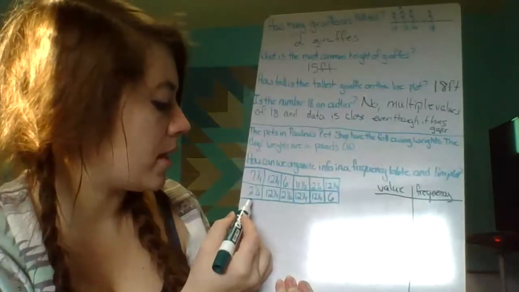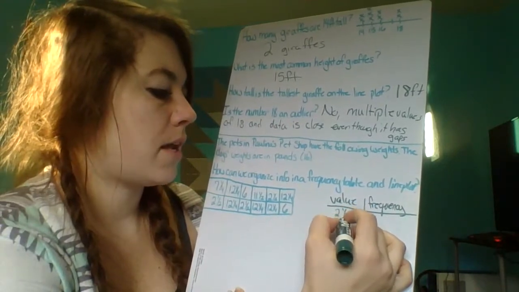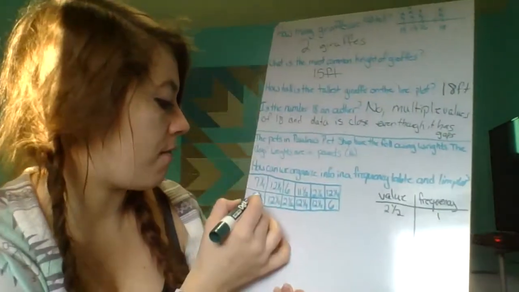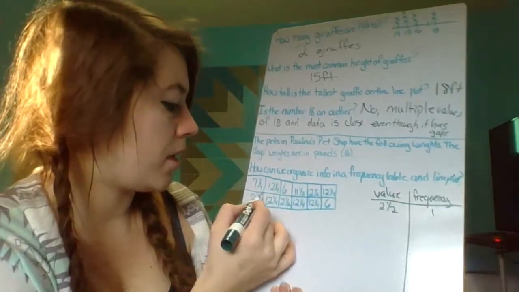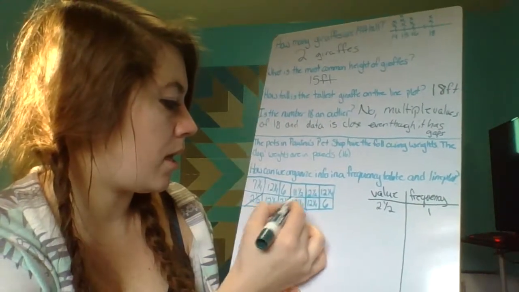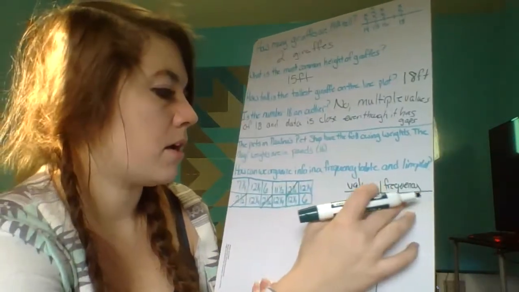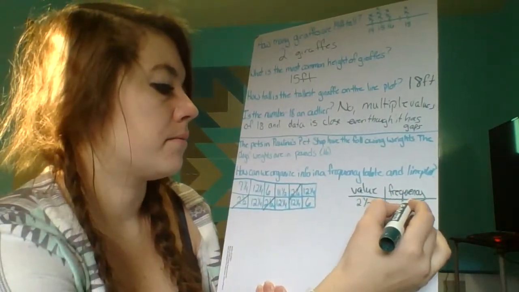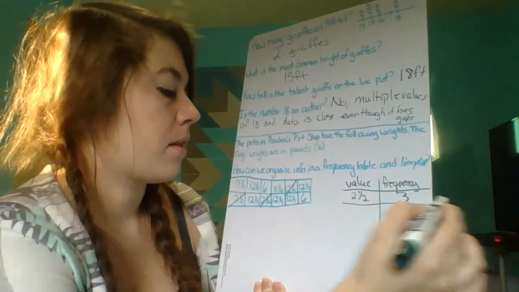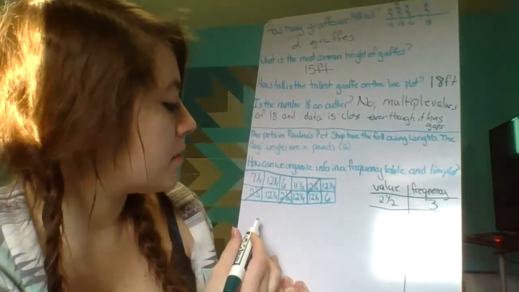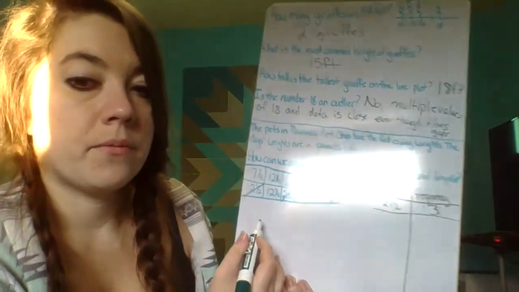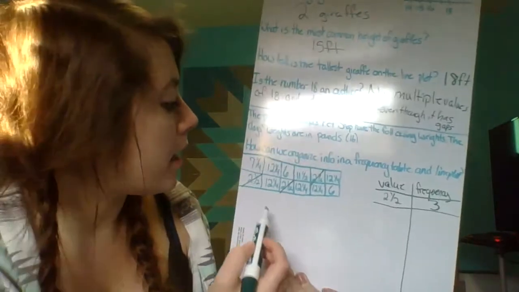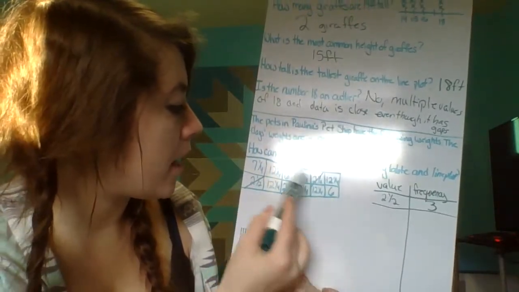So our smallest number is the 2 1/2, and we have 1 here, 1 here, and 1 here. So we've got a frequency of 3. Then our next smallest number looks to be our 6.